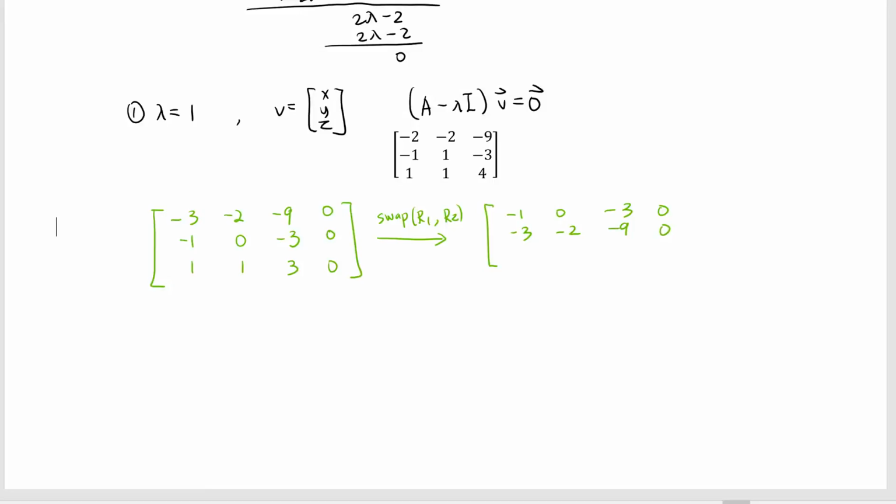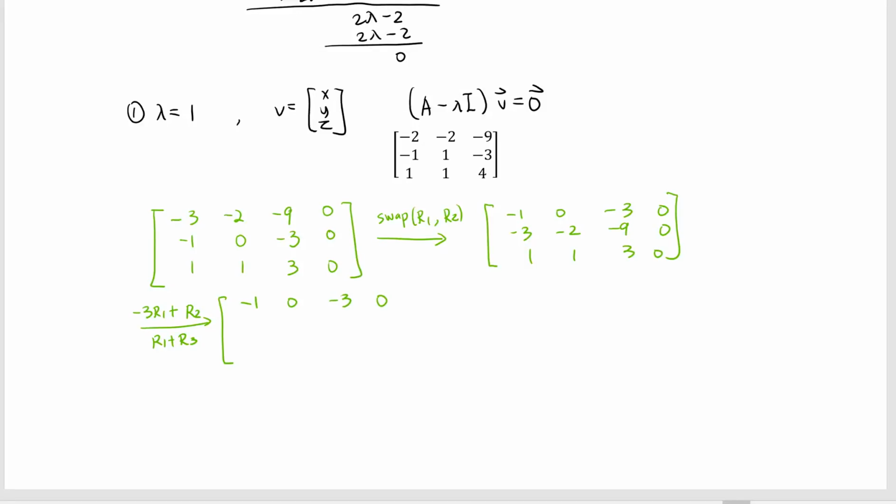Sorry, negative 9, 1, 1, 3, 0. Okay, so now we can see we can use negative 3 R1 added to row 2, and row 1 added to row 3. Then negative 1, 0, negative 3, 0.